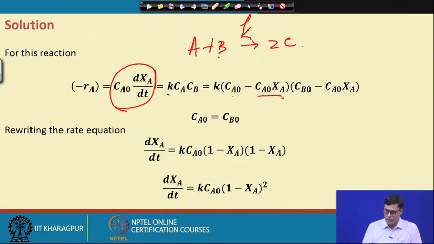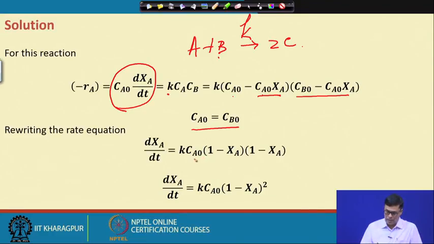This is the fraction that is converted and that remains. Here also the same fraction Xa, equimolecular conversion, is there. So as far as the problem is concerned, Ca0 is equal to Cb0. Then we can take Ca0 common, and we get the equation like this.